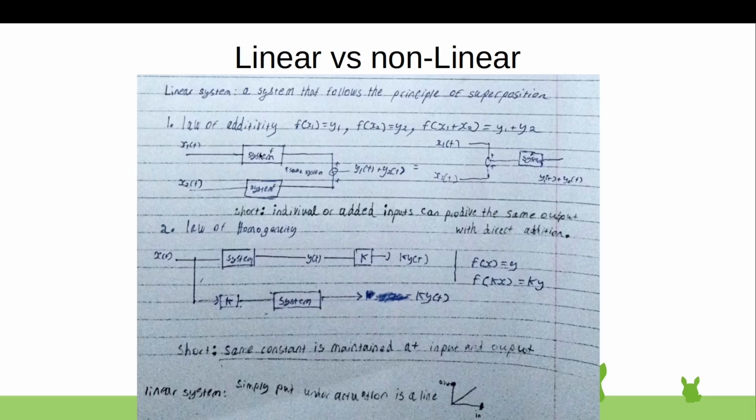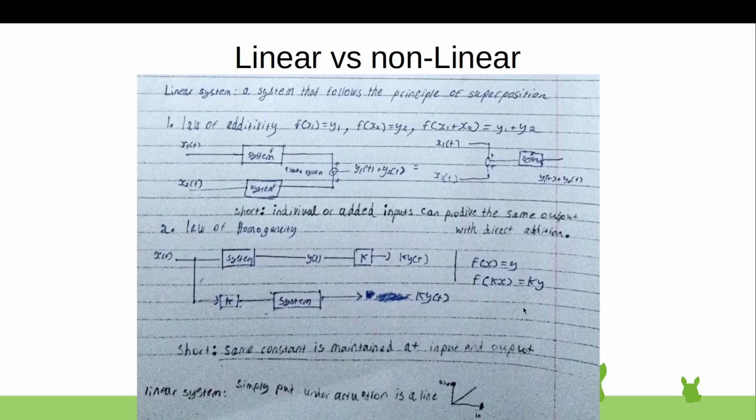So you get two inputs, and you feed them through the same system. And if you add the outputs, it's gonna be the same as if you would take the inputs themselves and add them before putting it into the system. You will basically get the same: y1 plus y2, y1 plus y2.